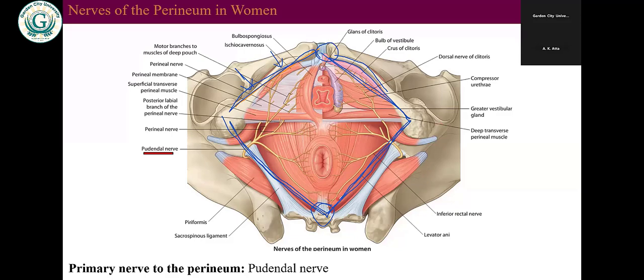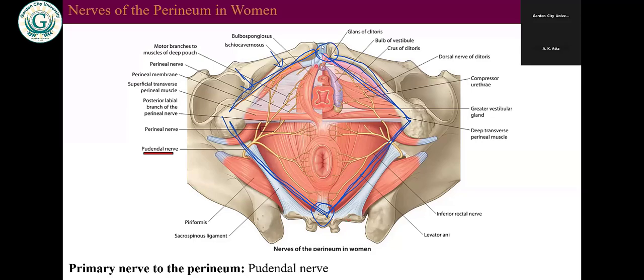Then posterolaterally, we have this ligament here. No, it's not this muscle. If you look here, this is coming from the ischial spine, I'm not talking about that one. There will be a ligament coming from the ischial tuberosity, so that will be the sacrotuberous ligament.